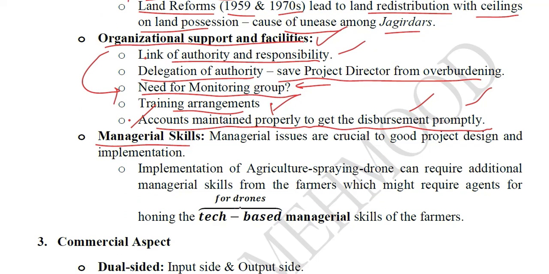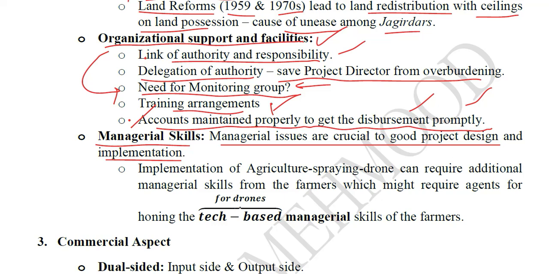So managerial aspects are talking about good project design and implementation, because the manager of the project will help us to organize the project in such a way that the project becomes effective. Here the role of vision is important, and a good manager should have a good vision as well as managerial skills to get the job done in a good way.